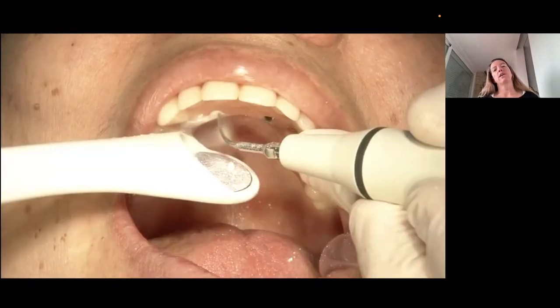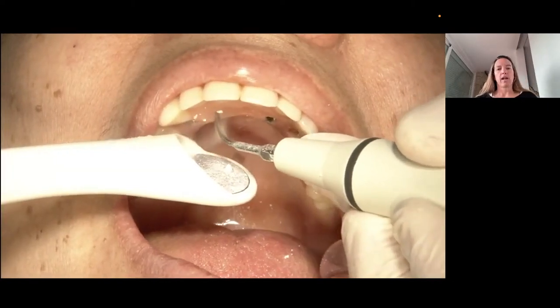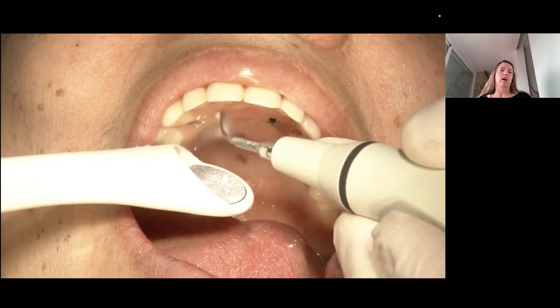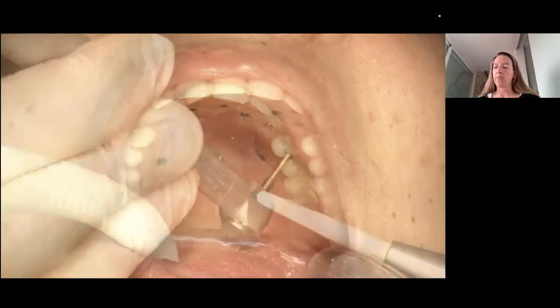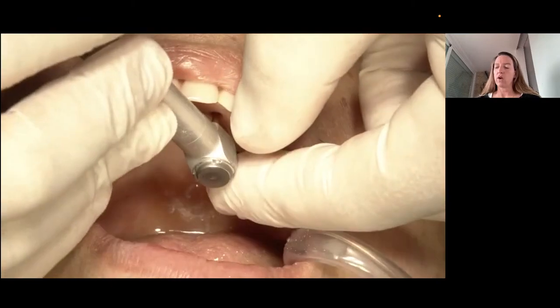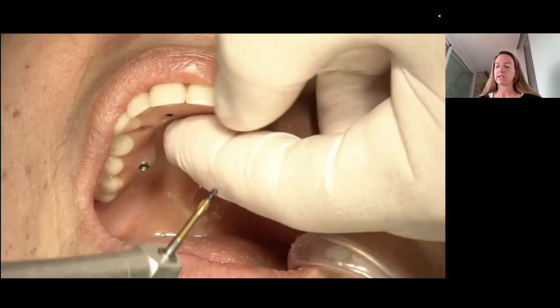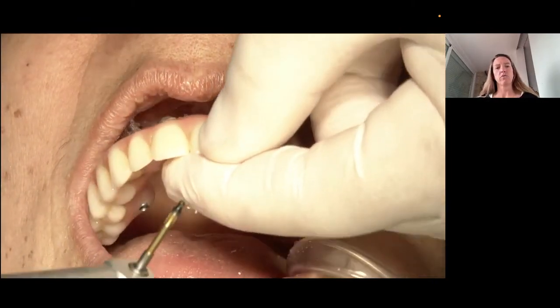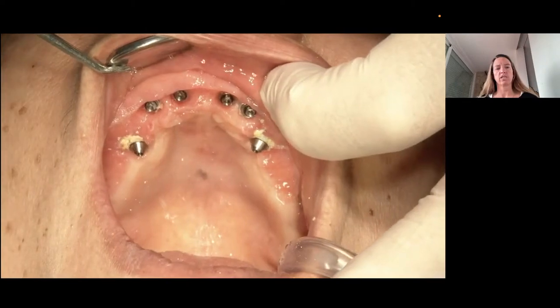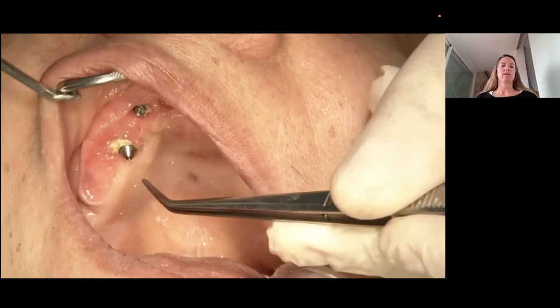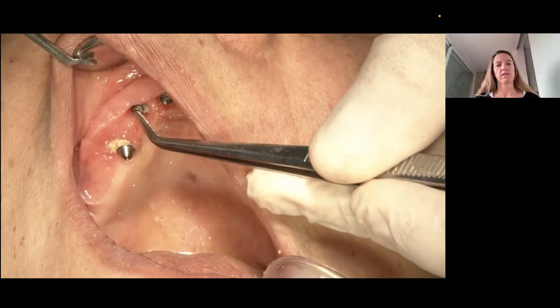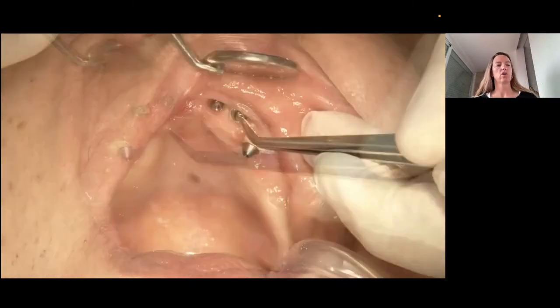So this is just a case of when we go for a maintenance therapy. We remove the prosthesis, and we check on the abutments how everything is.